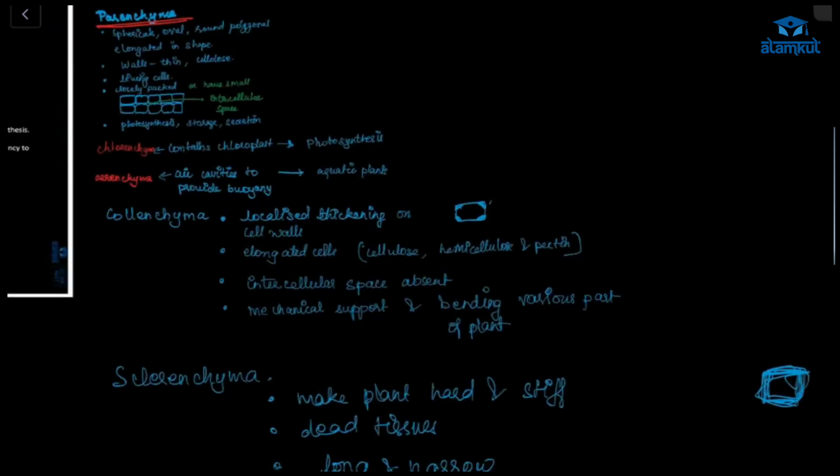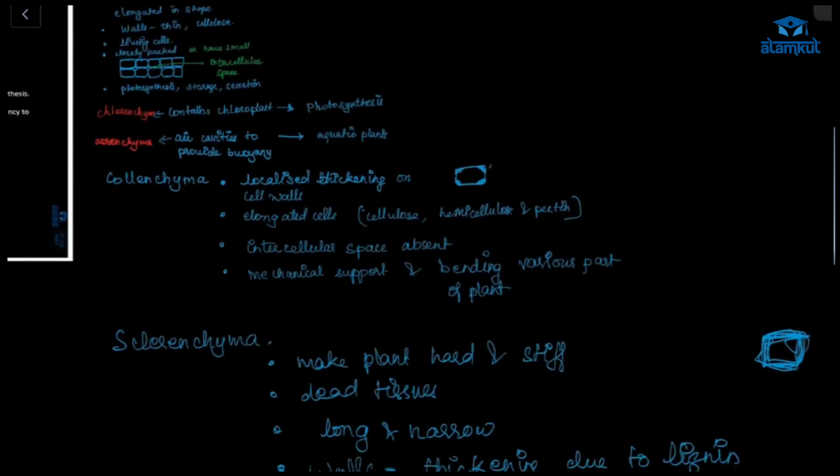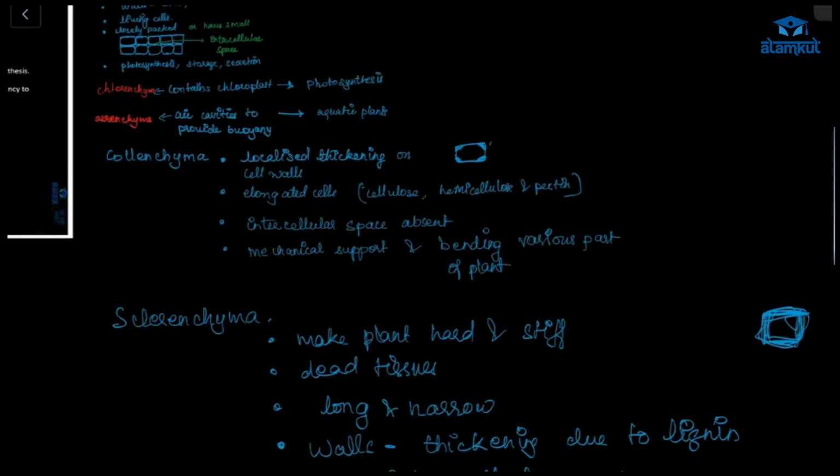Okay. Now, Razi, tell me the difference between collenchyma and sclerenchyma. Ma'am, sclerenchyma have dead cells. They are elongated and narrow in shape, and they make the plant hard and stiff, and they have no intercellular space.